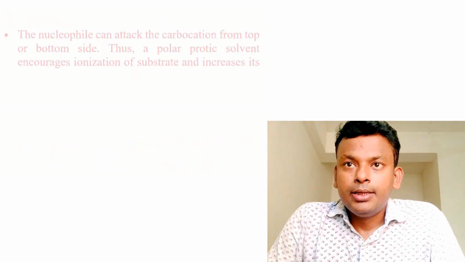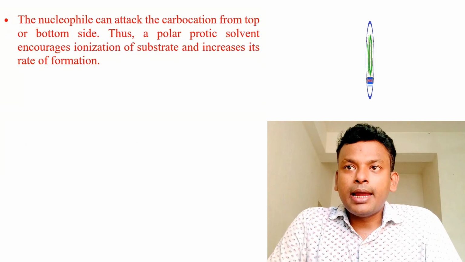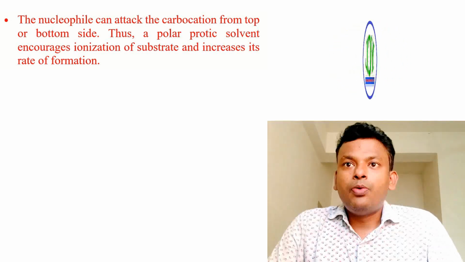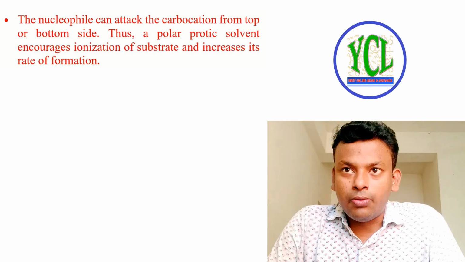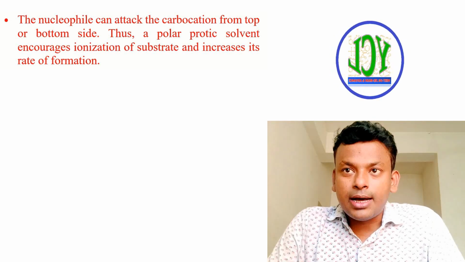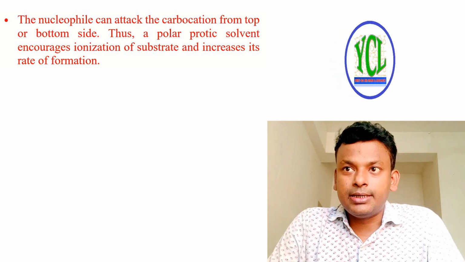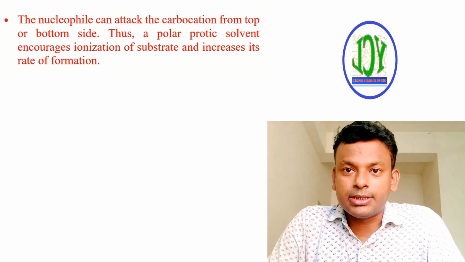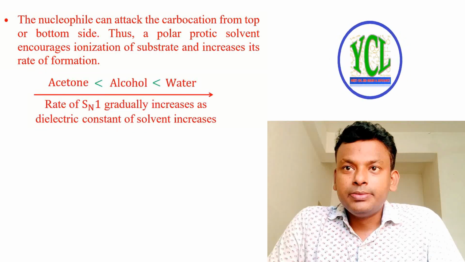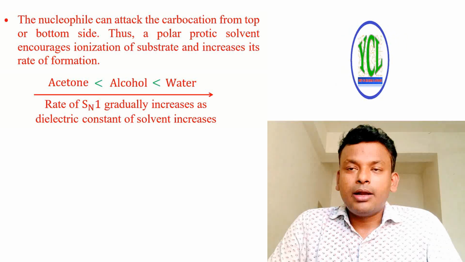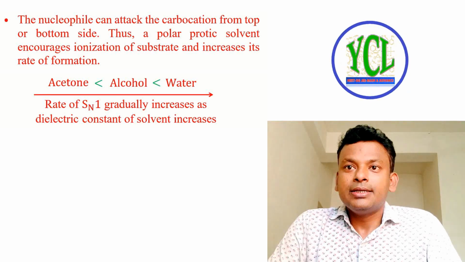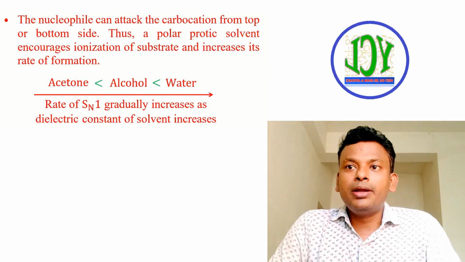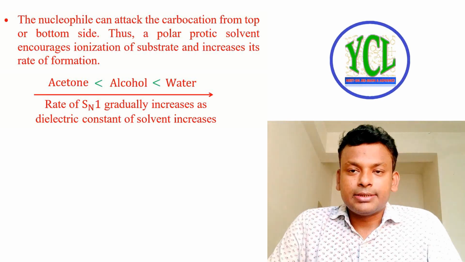So next, the nucleophile can attack the carbocation from the top or bottom side. Thus the polar protic solvent encourages the ionization of the substrate and increases the rate of formation, for example alcohol and water. The rate of the SN1 reaction gradually increases as the dielectric constant of the solvent increases.